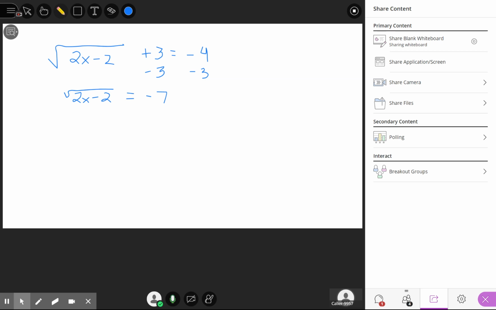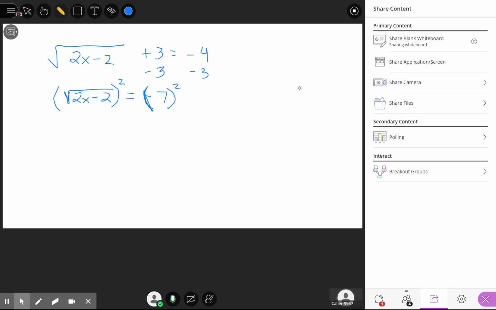Okay, now to undo a square root, we think of the inverse of taking the square root. What we can do is square both sides. Now, there is something to watch out for here, and that is that in squaring both sides, we are turning this -7 into a positive number.